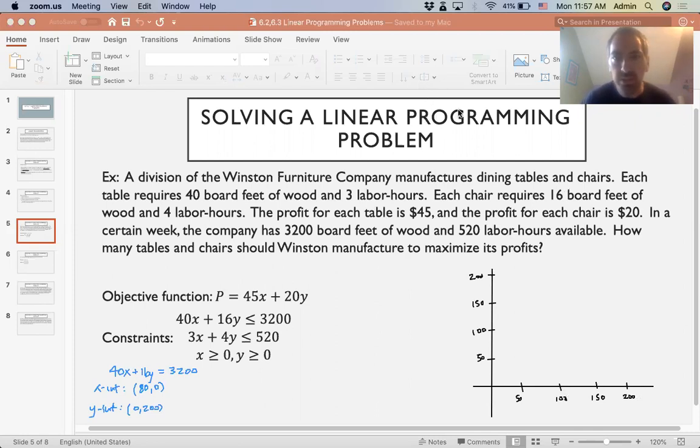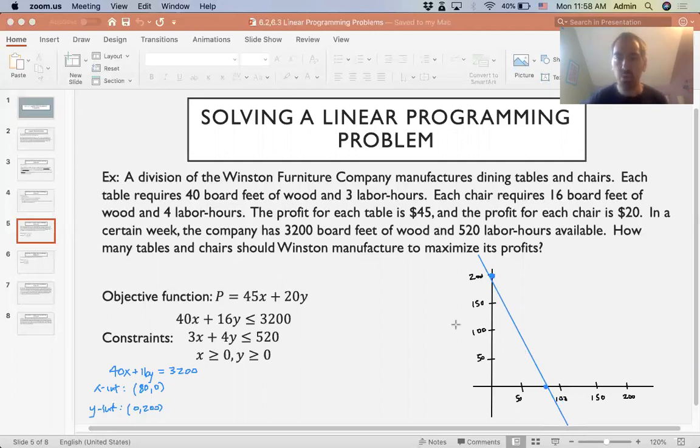All right, so let's graph this inequality. See (80, 0), somewhere between 50 and 100, maybe closer to 150, and (0, 200) would be here. All right, and drawing a line through these 2 points as best we can.